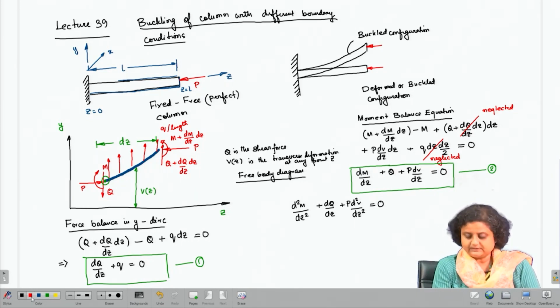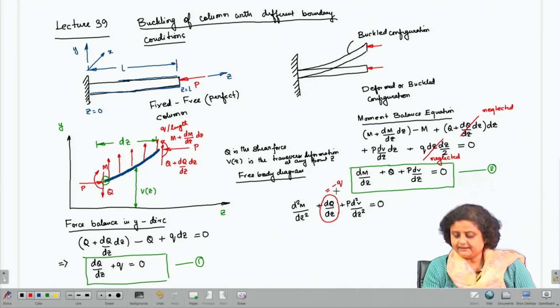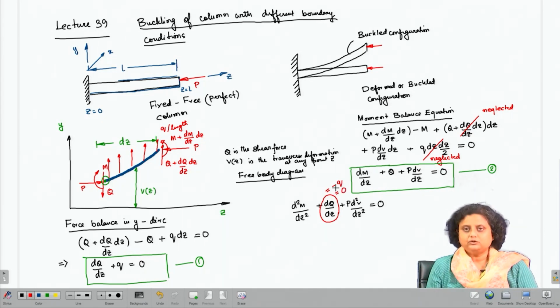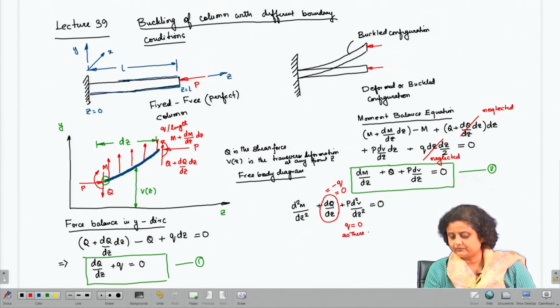Now, what is this dq by dz? dq by dz is going to be minus q. Now, my q is in turn equal to 0, because we have considered there is no externally applied force on the column. So, q equals 0 as there is no externally applied force.